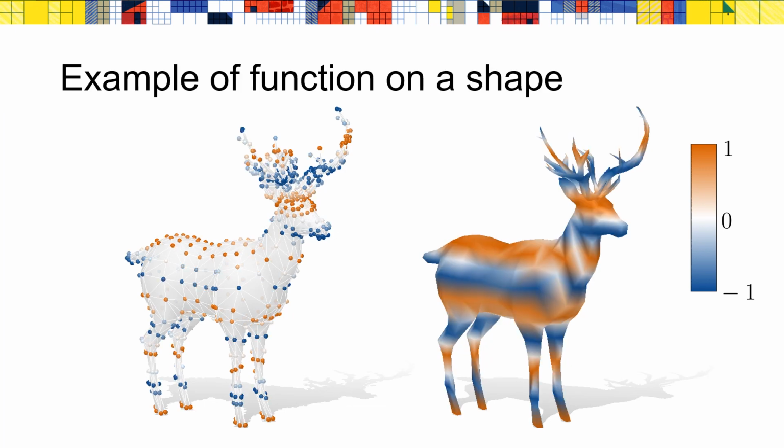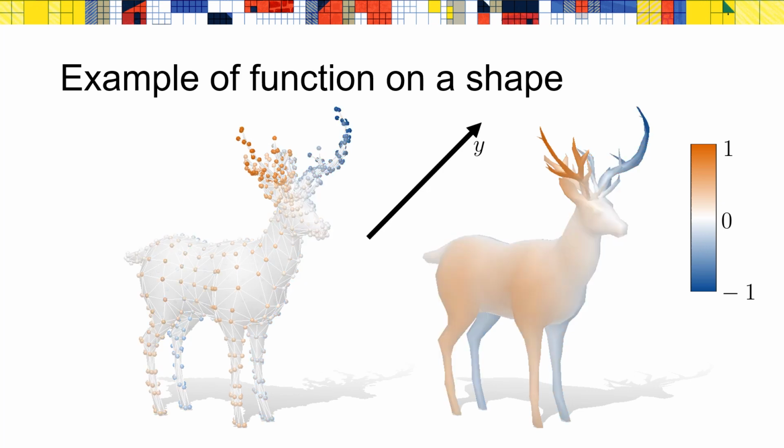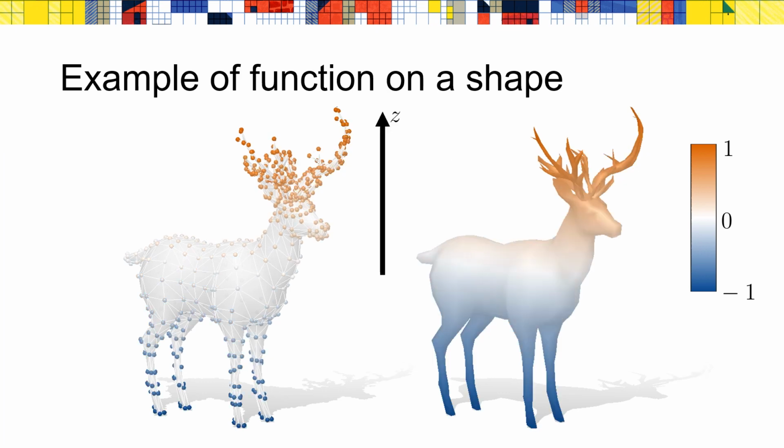And here you can see some examples of functions defined on this shape, and a set of particular functions that can be considered are the coordinates of the 3D embedding of the shape. So in this case, you can see the x, here the y, and here the z.